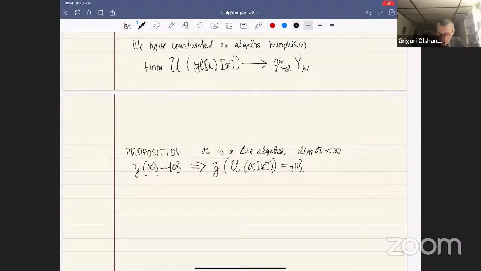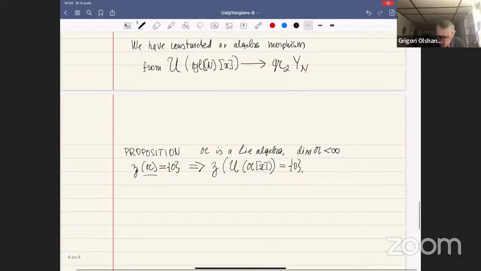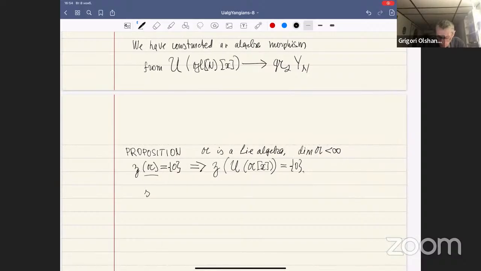Let's consider SL2. We have E, F, H. Commutation relations are... I forgot precisely how to write.